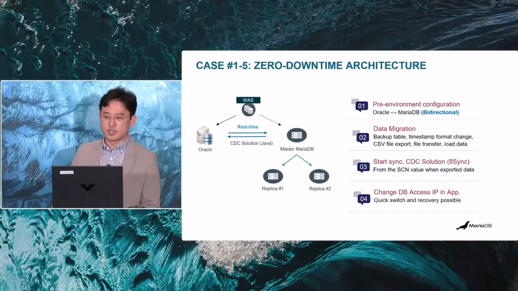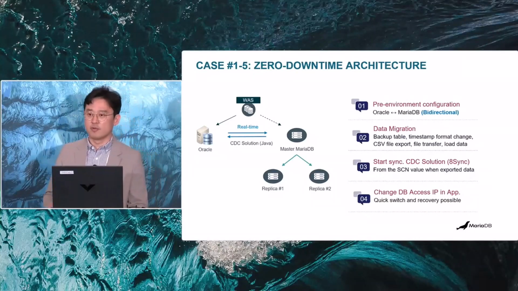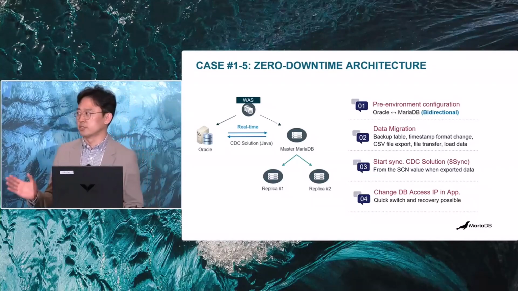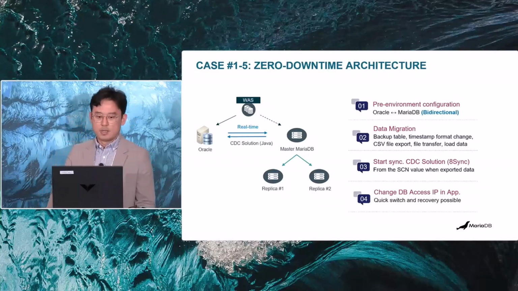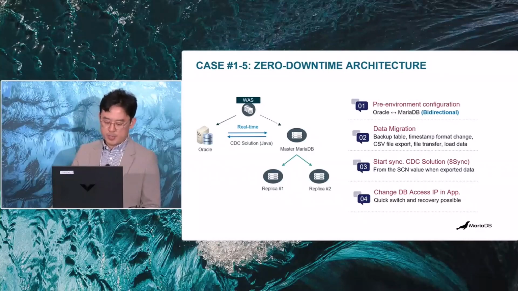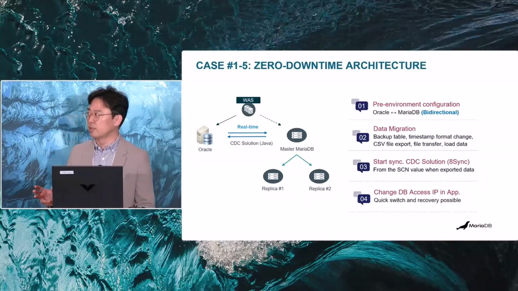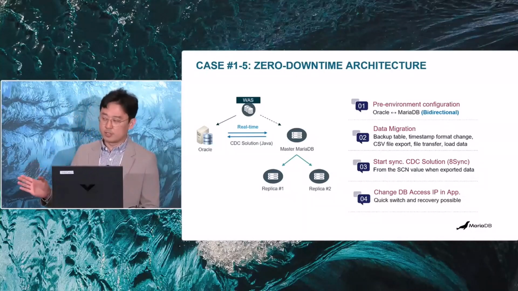After monitoring for several days and confirming that everything is normal, we will change the DB access IP of the RUS and proceed with the process. Changing the DB access IP of the RUS will result in real-time synchronization of incremental data from MariaDB to Oracle using async.